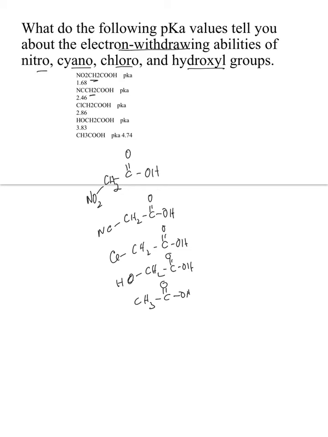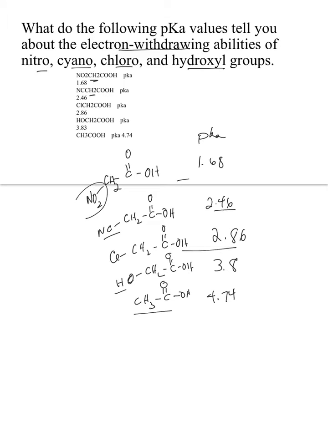If you look at the pKa values of each one of these, we have 4.74 for no substituent. Then we put an OH, we have 3.8, 2.86 for the chlorine, 2.46 for the nitrile, and 1.68 for the nitro.